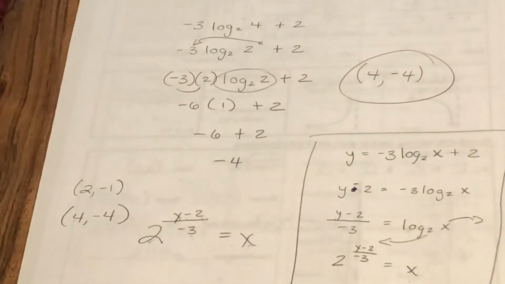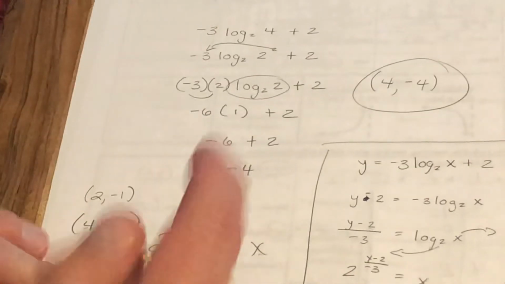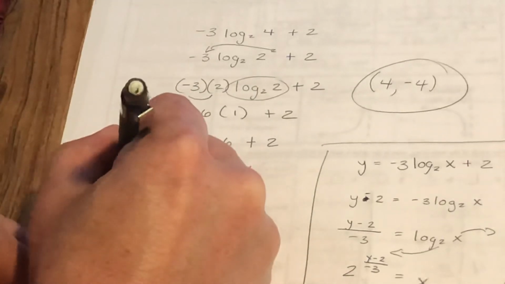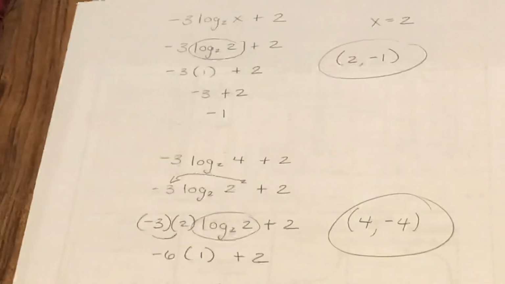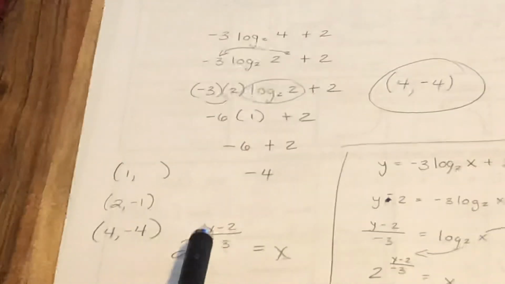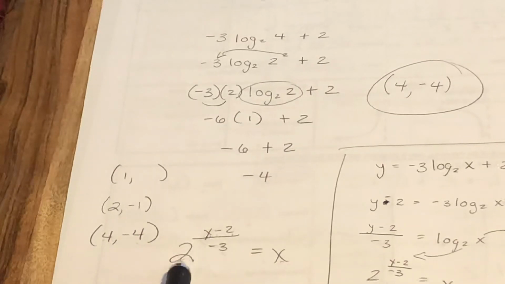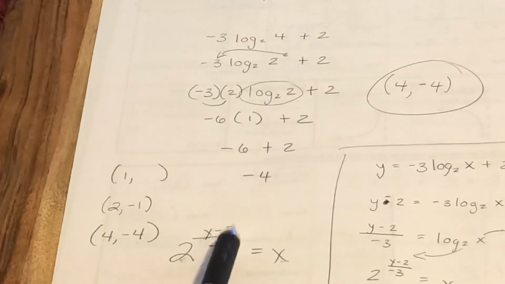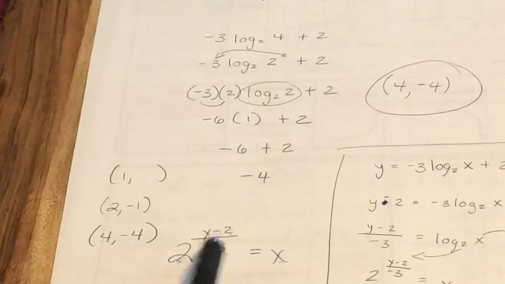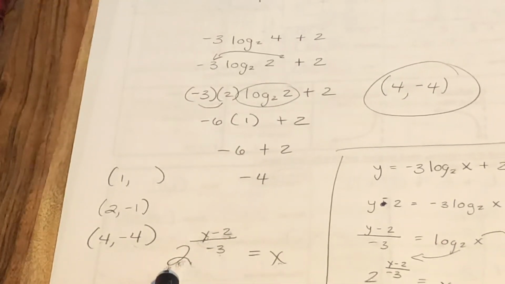So if we go back and we want to know when our x equals 1, what would our y have to be? Now you'd have to mess with it a little bit. If my x equals 1, basically this exponent would have to equal 0.